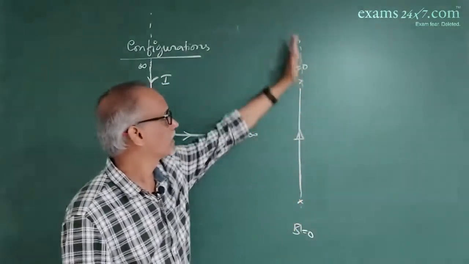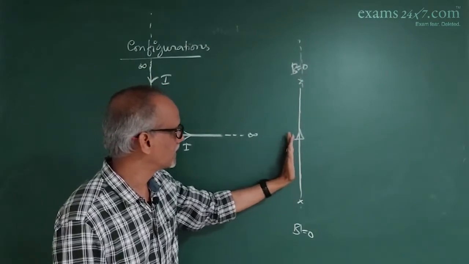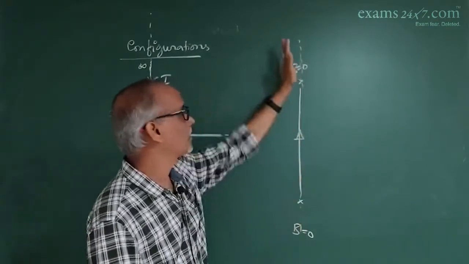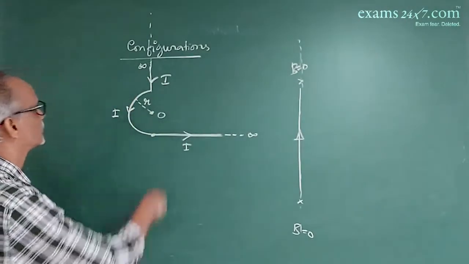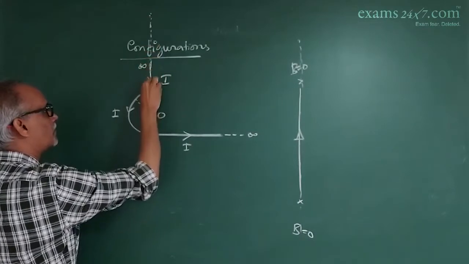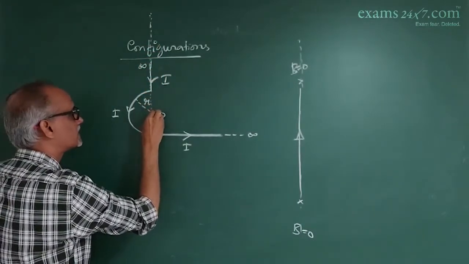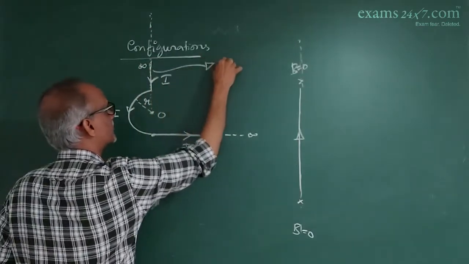You get field only around it, but not along the line where the conductor is present. So, this point, the center, lies along the length of this conductor. Therefore, the field produced by this conductor is 0.